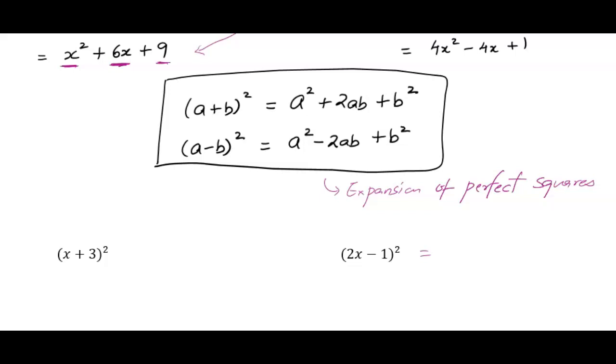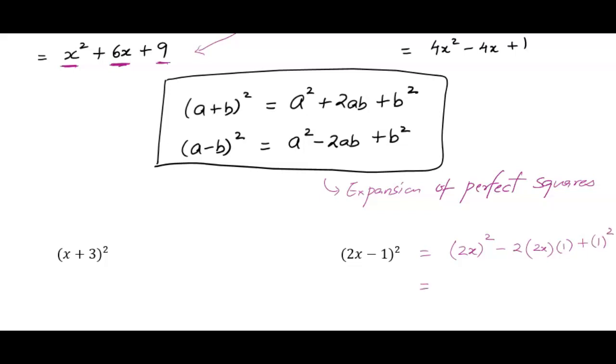I'm just going to do a middle step here just so it can be clear, 2x to the power of 2. Now take away 2 times a times b. A is 2x and b is 1. We don't consider b as negative 1 just because the formula already has a minus in there. So the value for a being 2x and the value for b being a positive 1. And my final step is b squared, which is going to be 1 squared.